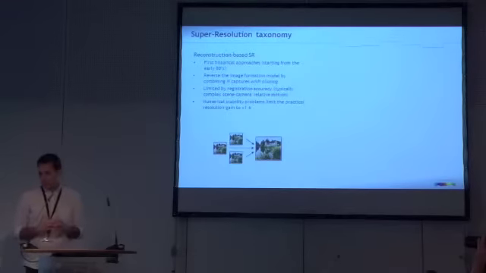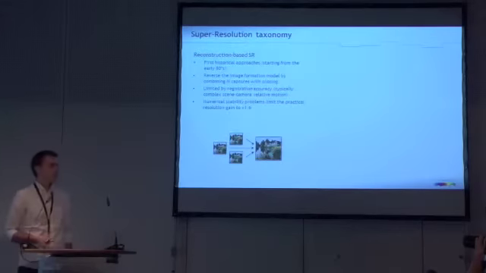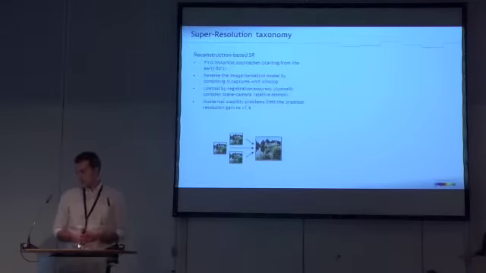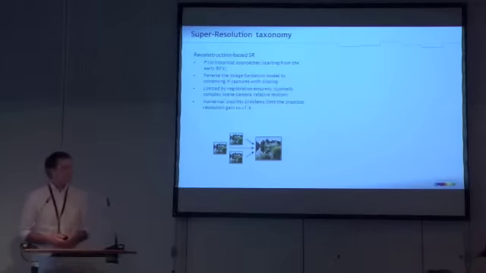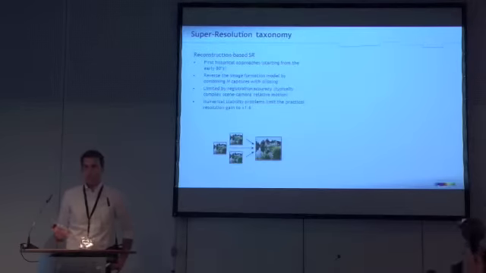I will very briefly make a very general taxonomy of super resolution methods. There are the reconstruction-based super resolution methods. Those were the first approaches that appeared in the literature. The basic idea is to model the imaging process and try to reverse it.